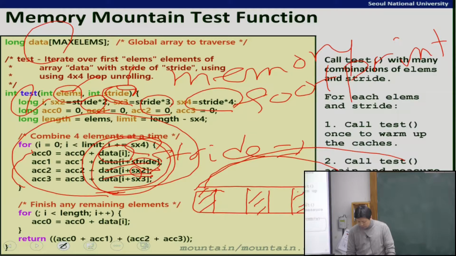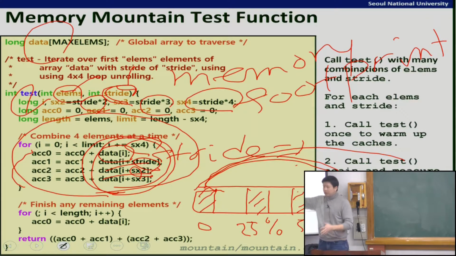So 0, maybe 25%, 50%, and 75%. And this is a stride. Every iteration, the index increases by stride times 4. This one is stride times 2, stride times 3, and then in the next iteration you start again here, stride times 4. Here, here, here, here, and so on, right?